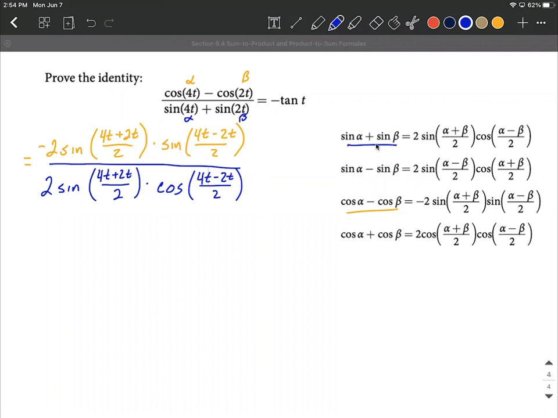Next, let's just take our time and reduce this down, simplify wherever possible. I may not be doing this the very fastest way.